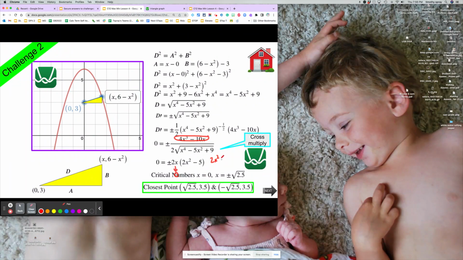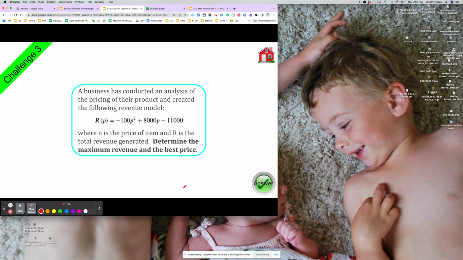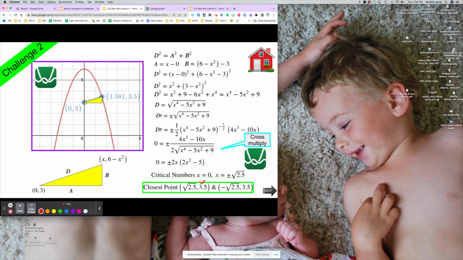Take the minus 5 to the other side, so that would make it equal to 5. And then we divide by 2 and square root it, and that's where you get both of these values. Okay, so that's the solution right there. That's the closest x value, and then we can sub that back into the equation to find y.